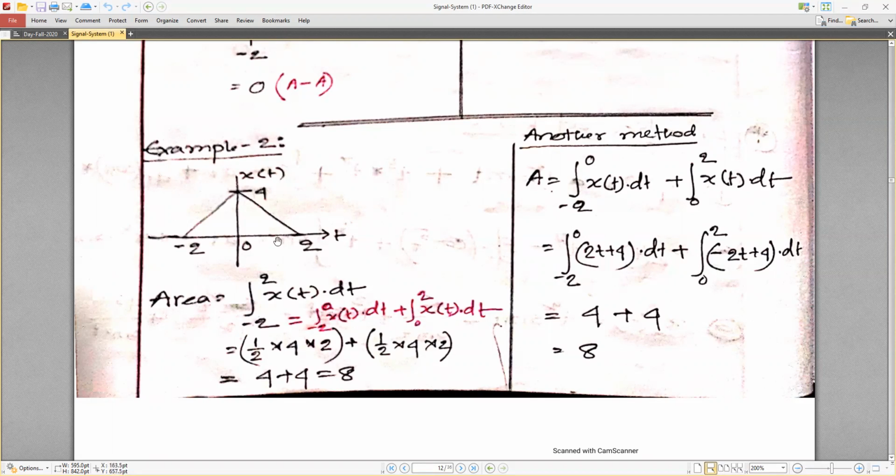And for 0 to 2, it will be negative: minus 2t plus 4. Then put the values here. So my final answer would be 4 plus 4 is equal to 8.